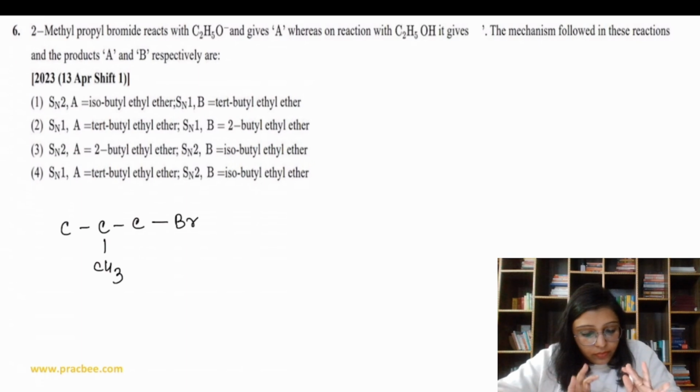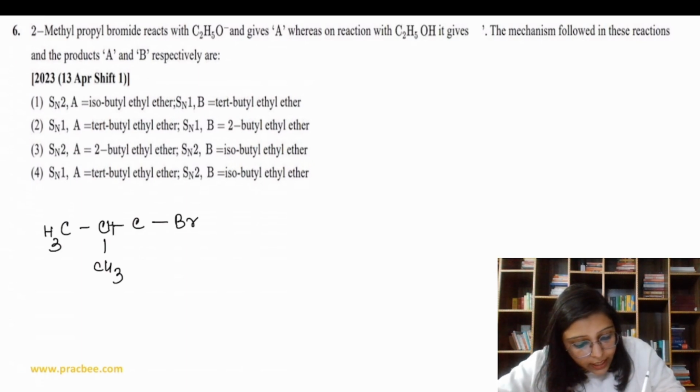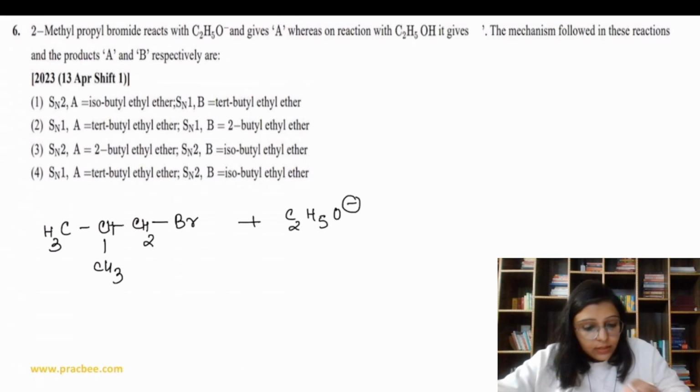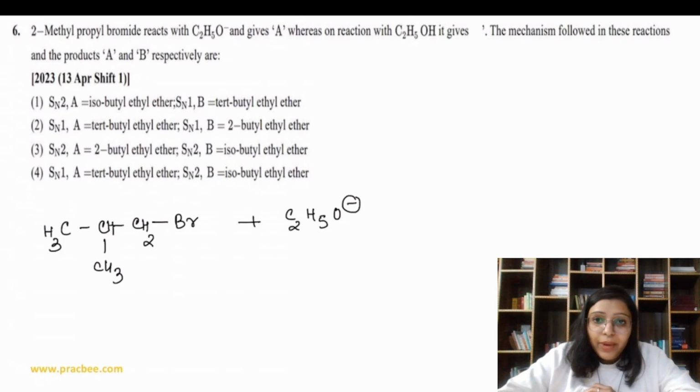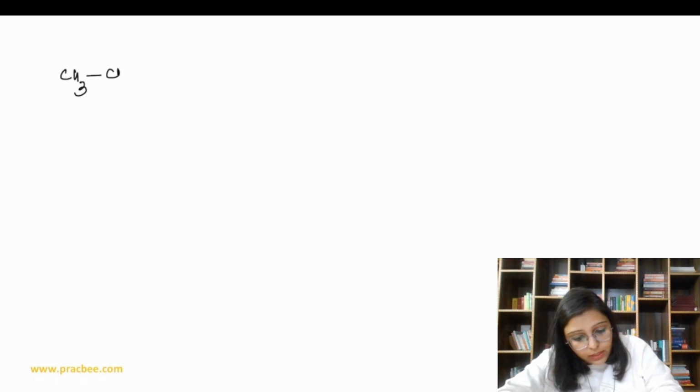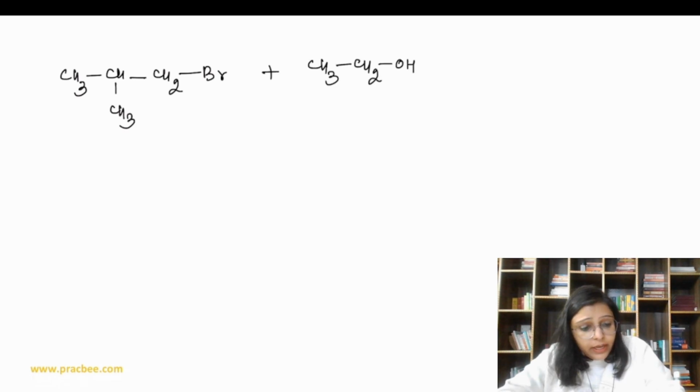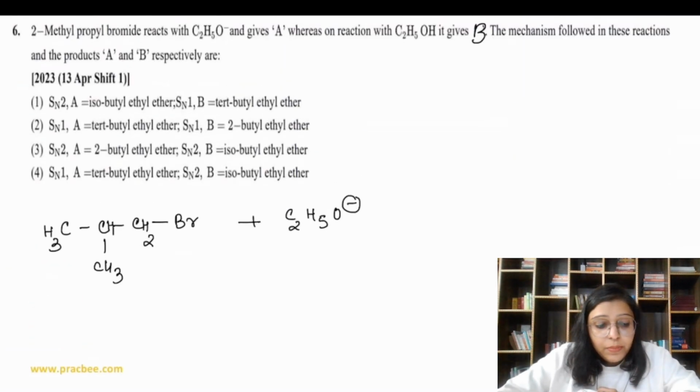So we have this one, CH3, CH, CH2Br. It reacts with C2H5O minus and gives A. Whereas on reaction with ethanol, CH3CH2OH, it gives B. Right. So the mechanism followed in this reaction and the products A and B respectively are.